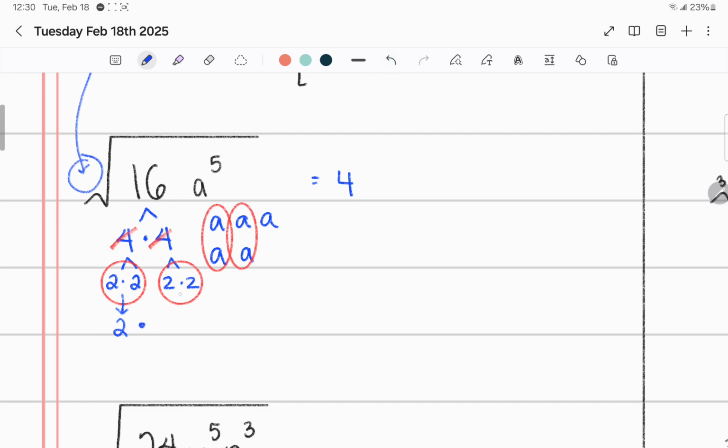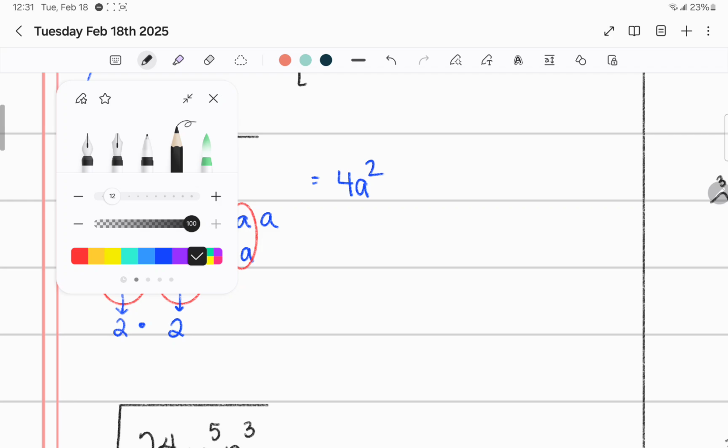And then we're going to take out a 2 from here, and that represents this pair. So that's 2 times 2, that's 4. And then we have 2 groups of A's. So we're going to write A to the power of 2. So that is everything that we circled.